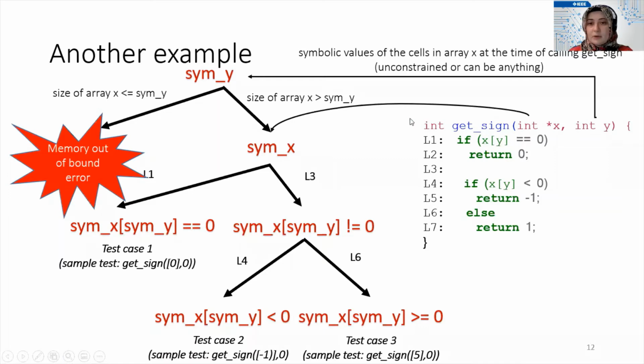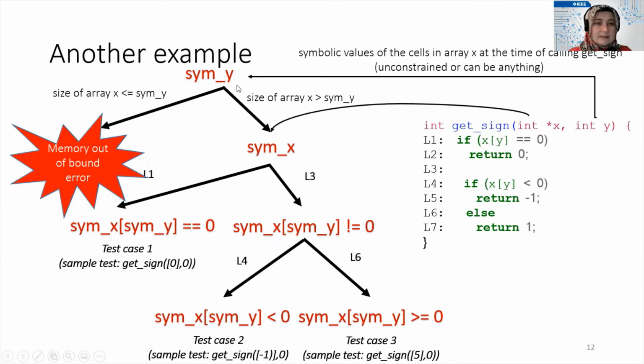Instead of checking x, because it's no longer a primitive variable but an array, we're going to use y as an index into array x. We have the same code structure, it's just that our variables have changed a little bit.